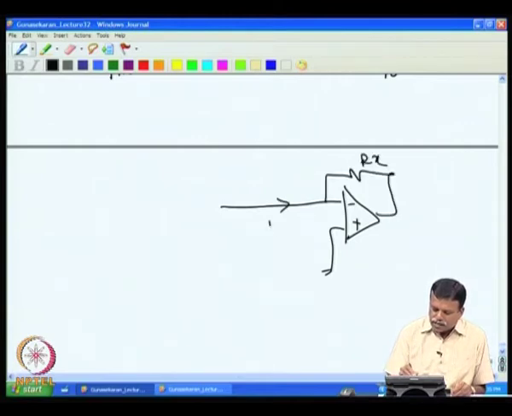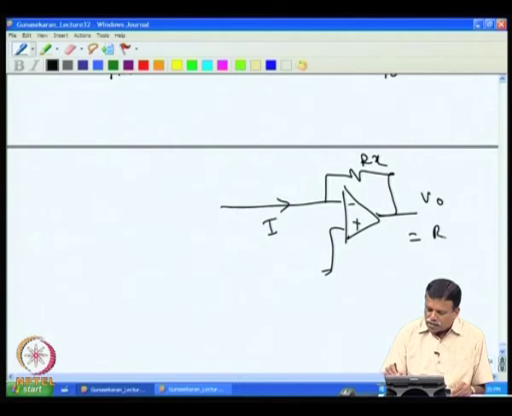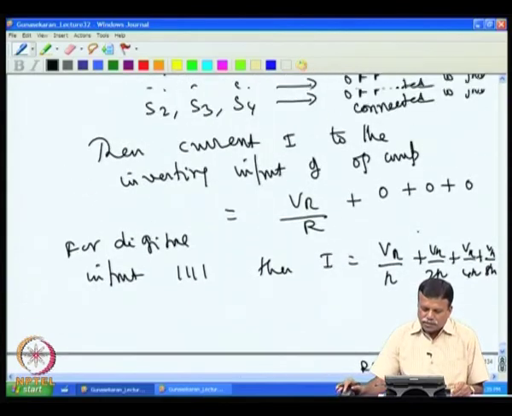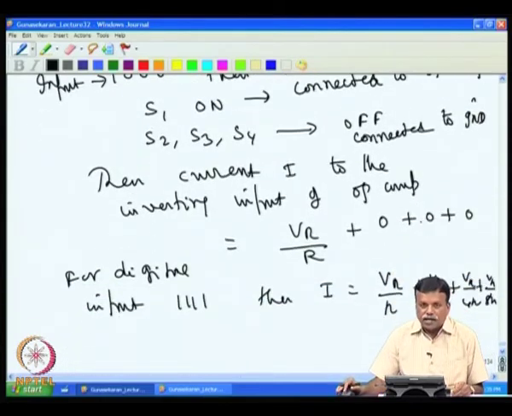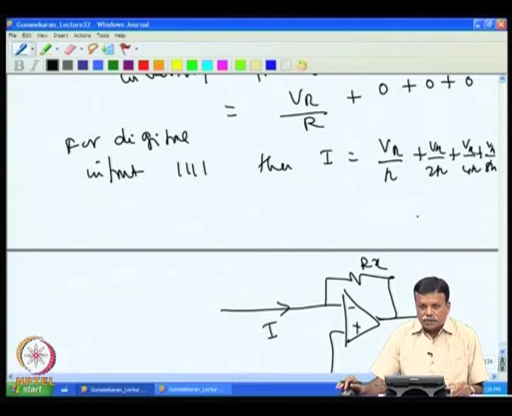So, you have I coming here, and the output voltage is equal to R x into I with the minus input. So, depending upon the digital value you will have an analog output. This is a general purpose binary weighted D to A converter, DTA converter.